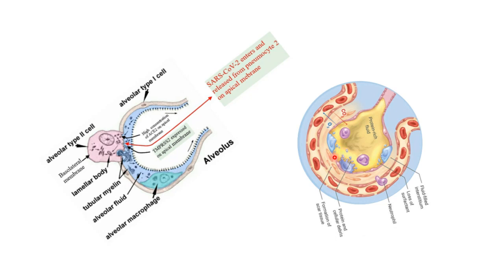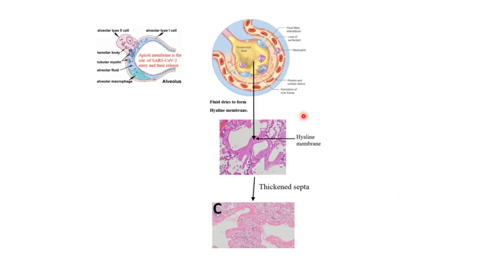Immune cells are coming in, damage takes place, and the alveolus is filled up with protein-rich fluid. This protein-rich fluid dries up to form hyaline membranes, which can thicken. There it is. This septa has now thickened due to immune cell infiltration.